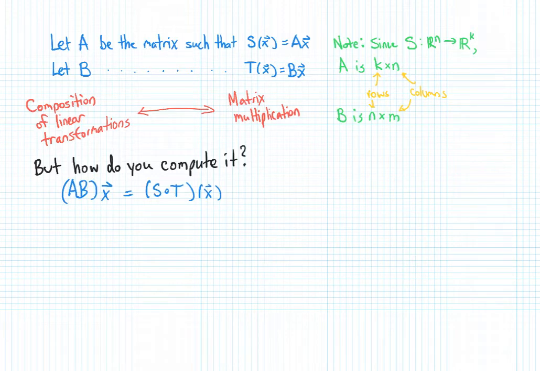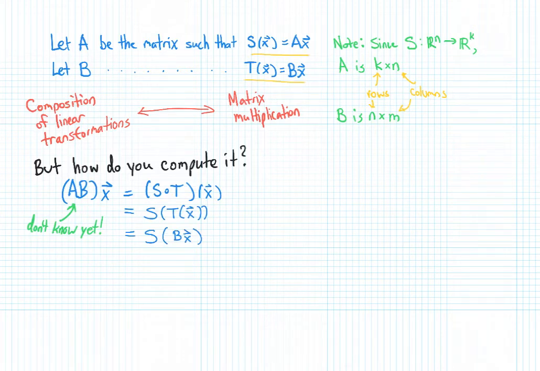All right, so our starting point is this equation, which says that the matrix product AB is the matrix that corresponds to the composition of linear transformations S composed with T. Now we don't know what A times B is yet, but we do know what S composed with T of x is. That's just S of T of x. And now we can use these formulas for S and T, where S of x is A times x and T of x is B times x, and substitute in.